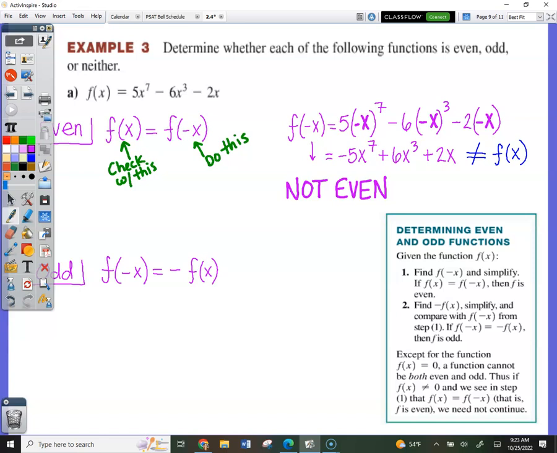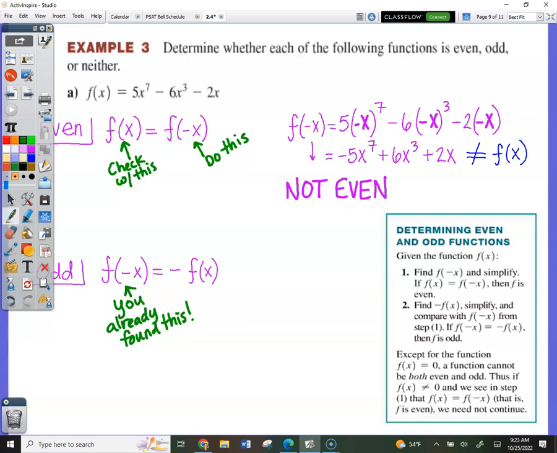Now, here's why you want to check even first, then odd. You already found this. I'm making a note here instead of just saying it to you, making you put it on your paper. You already found f of negative x. Hopefully you found it correctly, but you already found it, right?